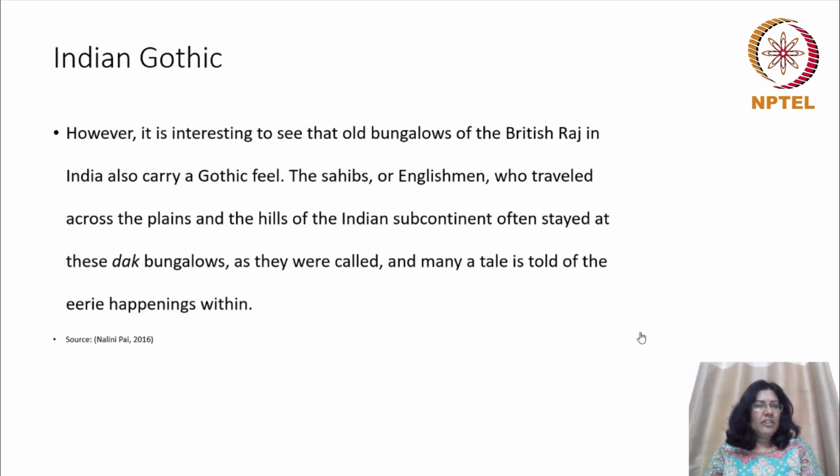Now let's briefly look at the idea of the Indian Gothic. It is interesting to see that old bungalows of the British Raj in India also carry a Gothic feel. The Sahibs, or Englishmen who travelled across the plains and the hills of the Indian subcontinent, often stayed at these dark bungalows, as they were called, and many a tale is told of the eerie happenings within. So you can see how the Gothic is also captured within the colonial setting.